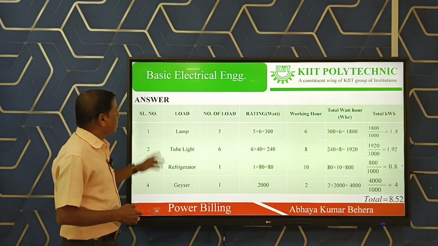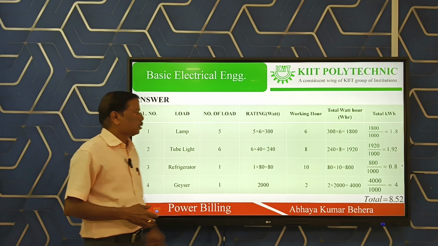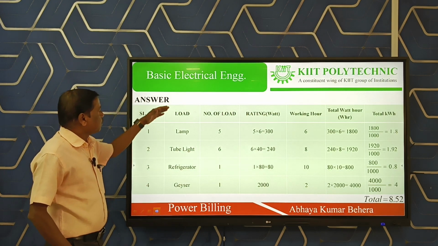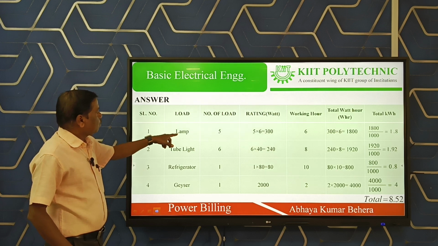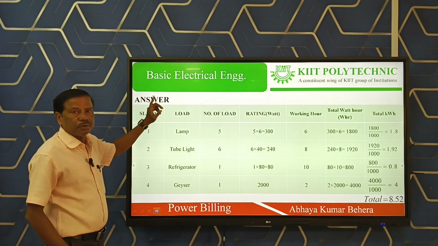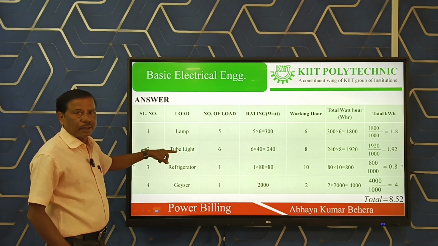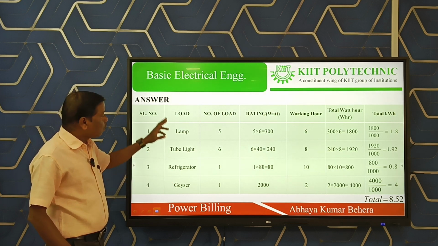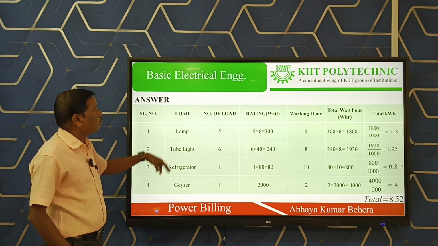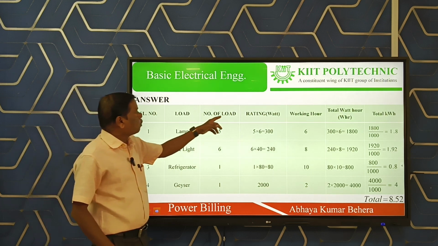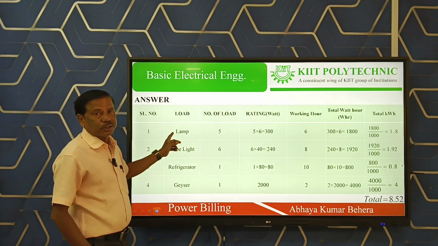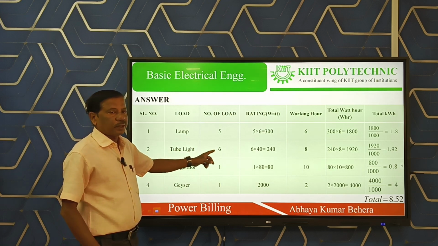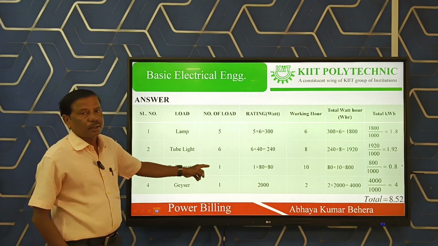Next, see, I have made a table with different loads. As per my question, we have the lamp load, tube light load, refrigerator load, and geyser load. So all four loads we have considered. The number of loads: in the question it is given 5 lamps, 6 tube lights, 1 refrigerator, 1 geyser.